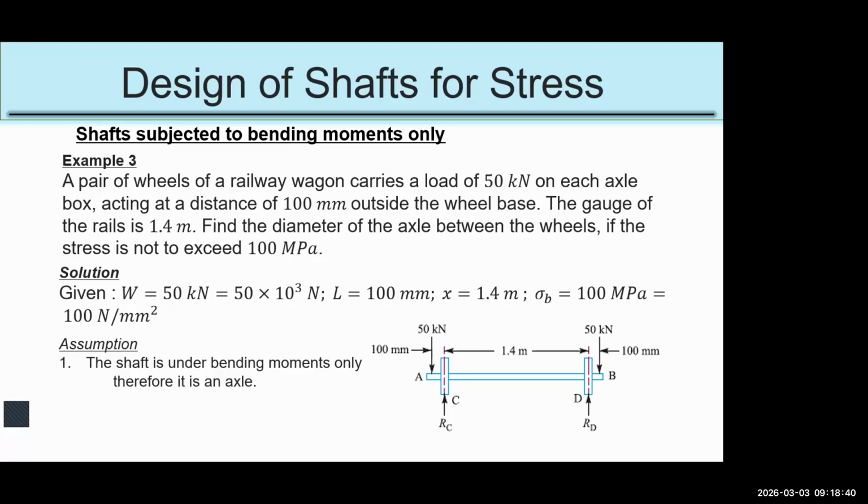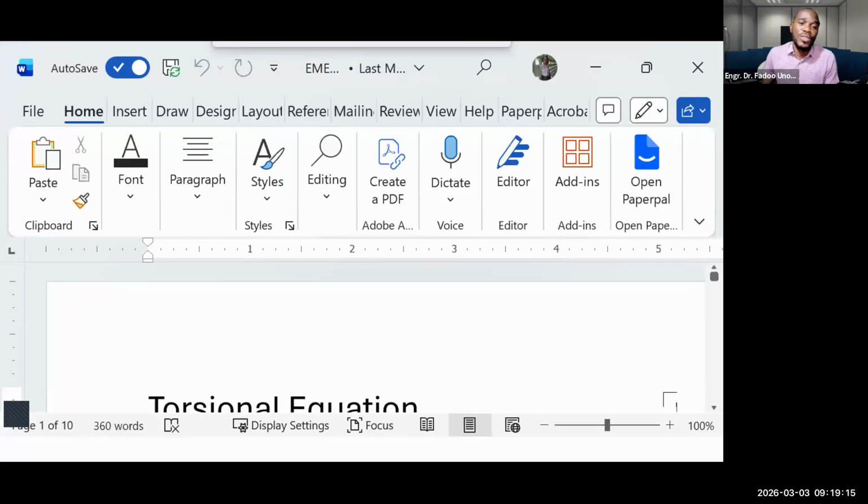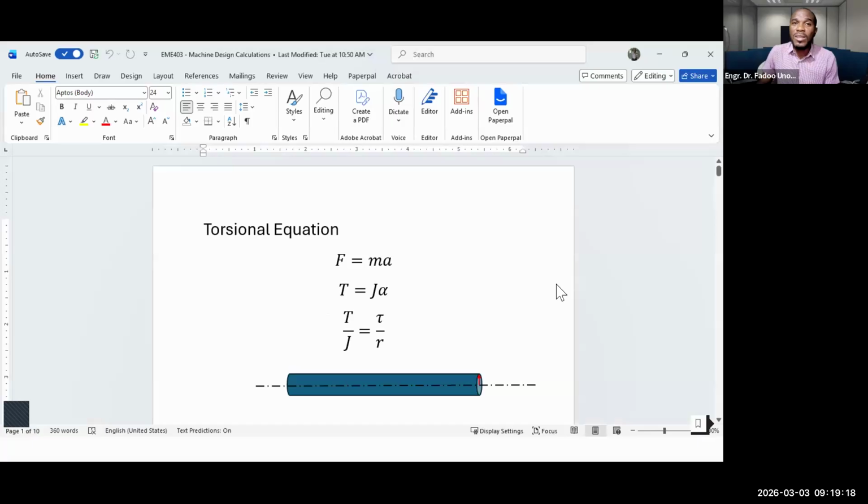And we were told that the gauge of the rails is 1.4 meters. If we're working in millimeters, that translates to 1,400 millimeters, right? And we're asked to find the diameter of the axle between the wheels, if the stress is not to exceed a certain value.